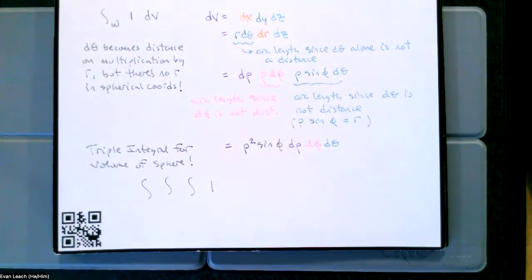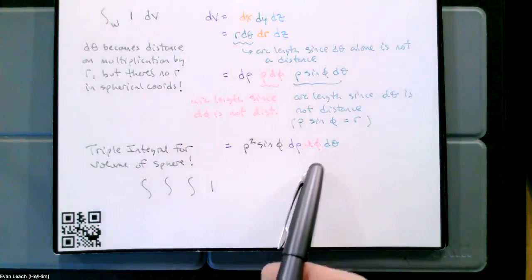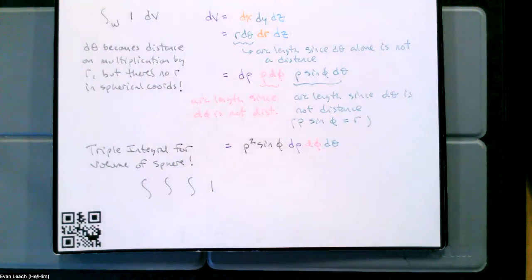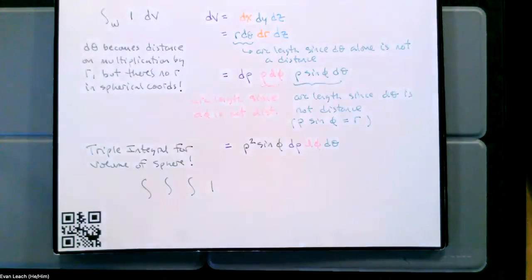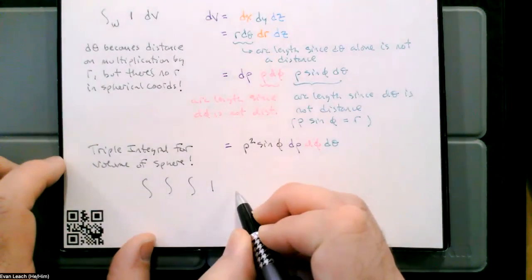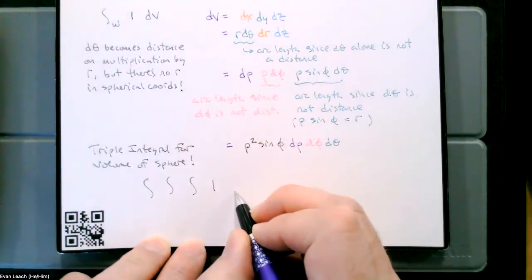But this is going to be a triple integral in spherical coordinates. So I don't just get to write dV, I have to break it up with d rho, d phi, and d theta. And to make sure that that still gives me a volume, I need to have this factor of rho squared times the sine of phi. I'm going to make it in purple to make sure it's part of the dV.